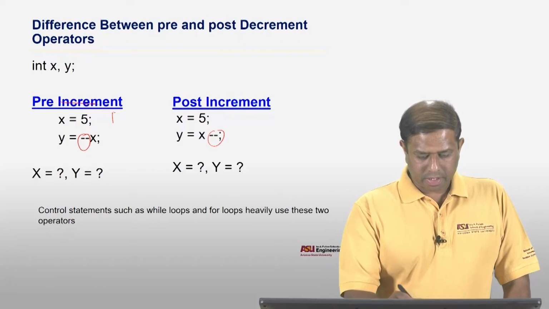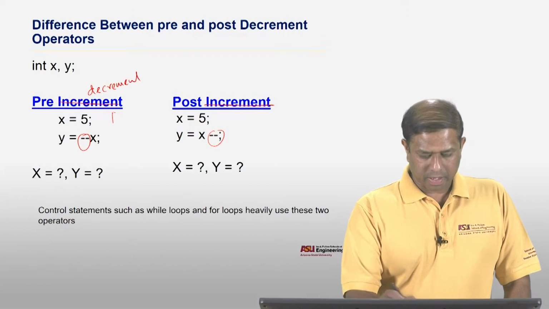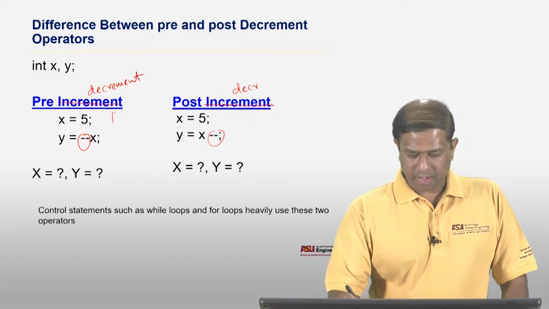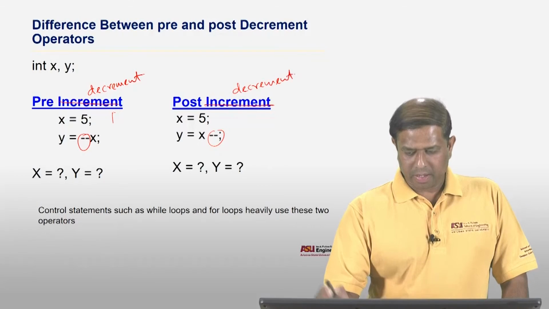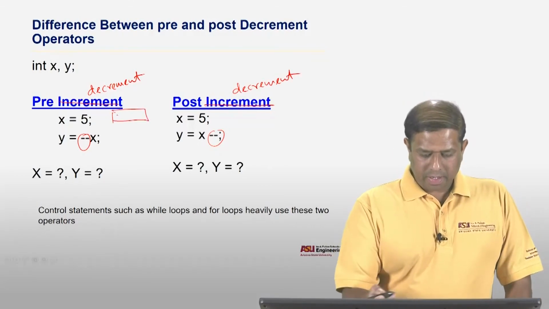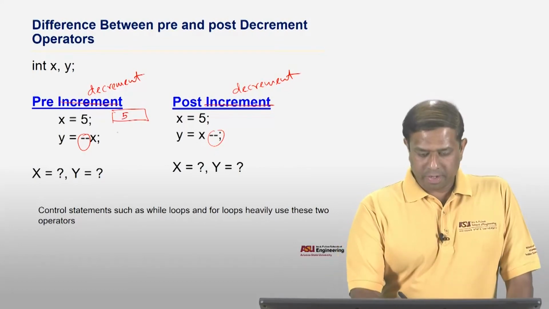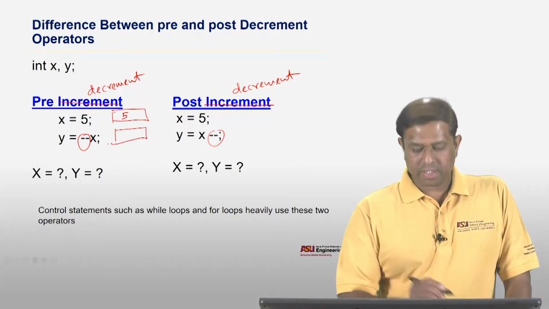So this is the pre-decrement. Now in here, we will be assigning 5 to x and then we need to calculate y based on this statement.